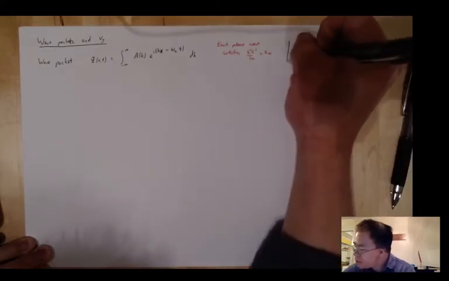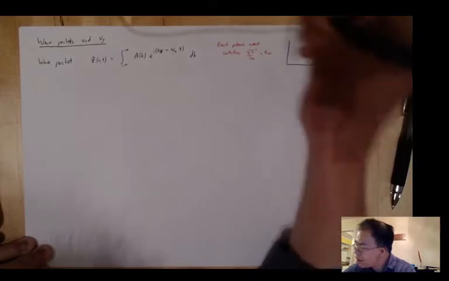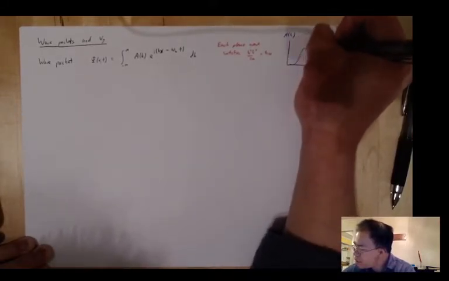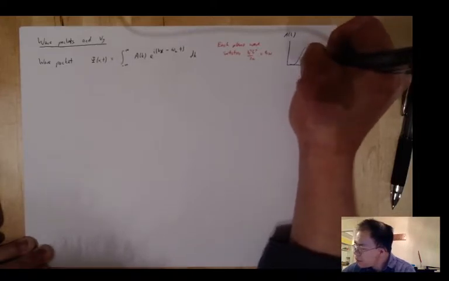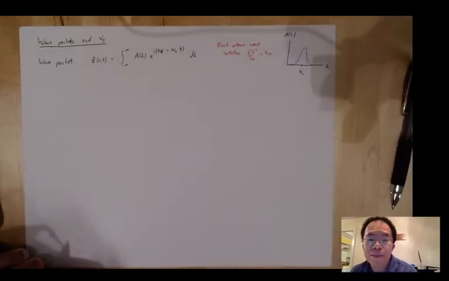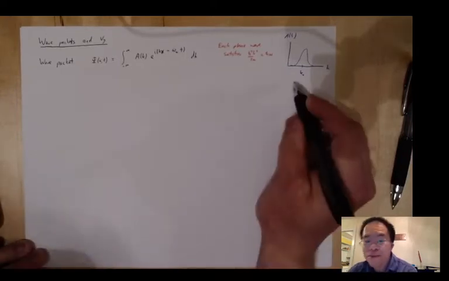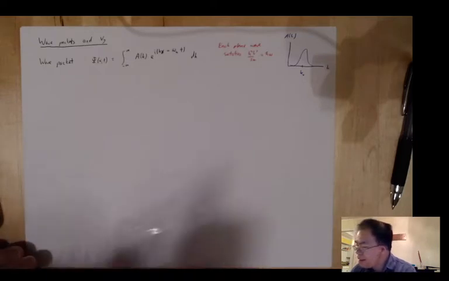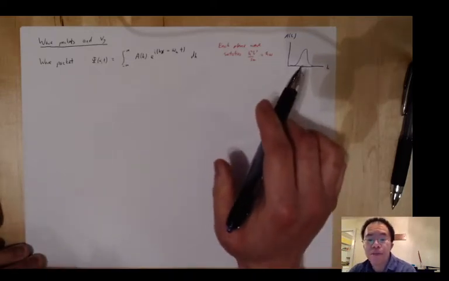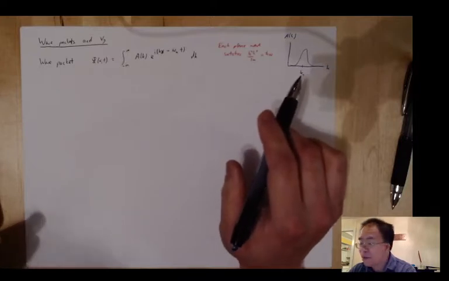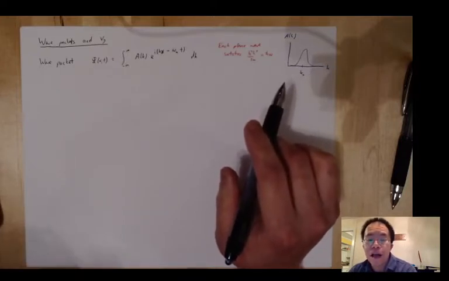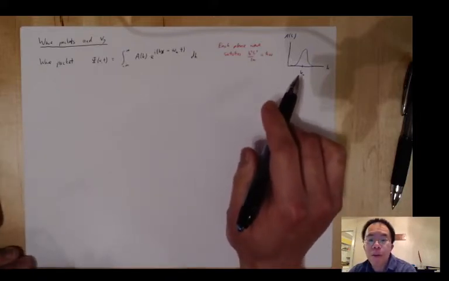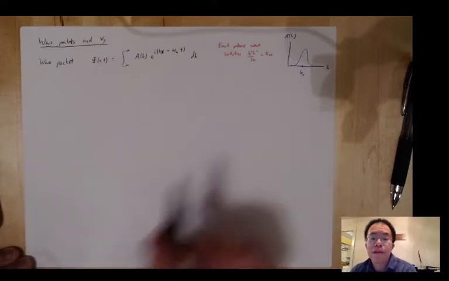If we have k and then A of k, I'm going to assume that it's fairly narrow and is peaked about some central wave number, which I'm going to call k sub 0. Remember, this is not the shape of the wave packet, because the wave packet we see as a function of x. This is just showing us what wave numbers contribute in the integral.